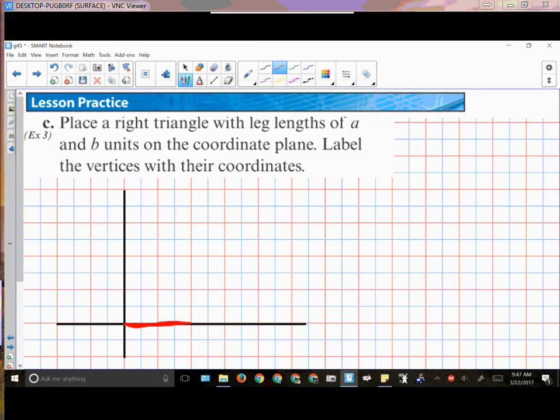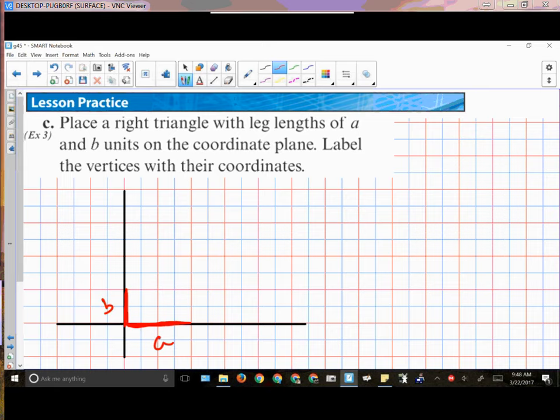I am going to call this, I'll call it A. Doesn't matter. Now, the only thing is, can B be the same distance as A? No, because they're supposed to be different. If it said a right triangle with leg lengths of A and A, then that would have said that. So if I want to, I can go and make this one here B.